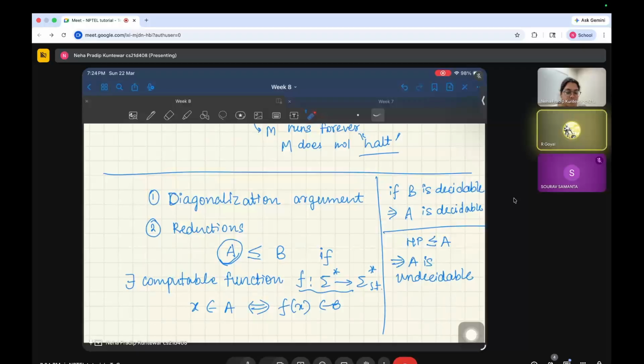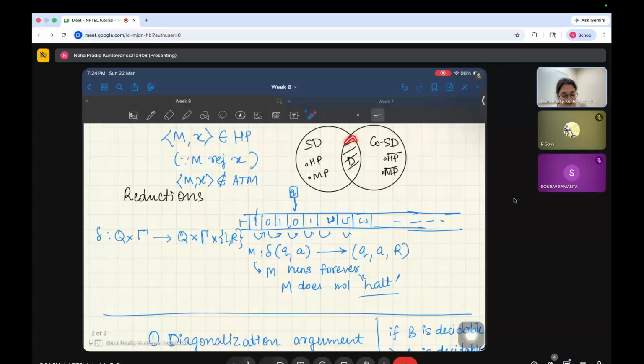Actually, I don't know what this term total Turing machine is, and how it differs from the standard Turing machine. Oh, okay. So a total Turing machine is basically the machine for decidable languages. That is, for every input, it should either accept or reject.